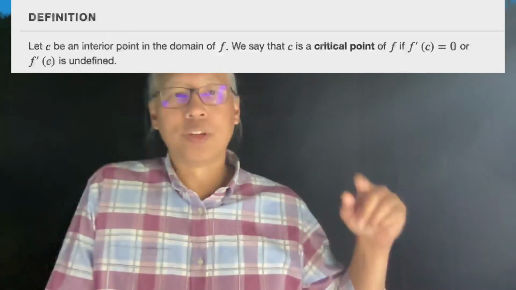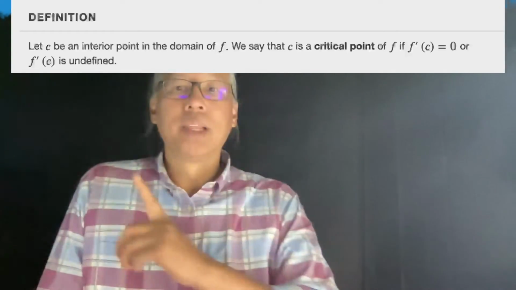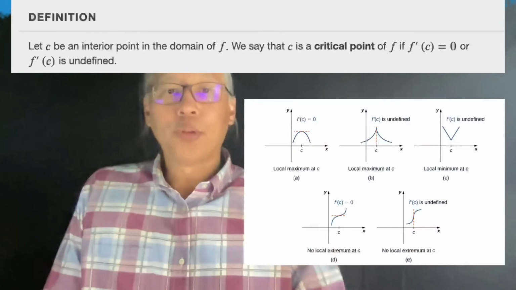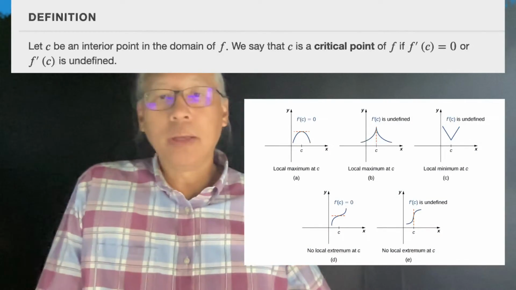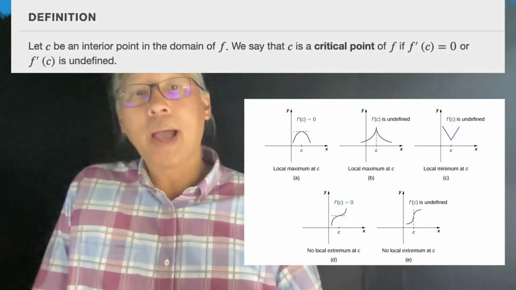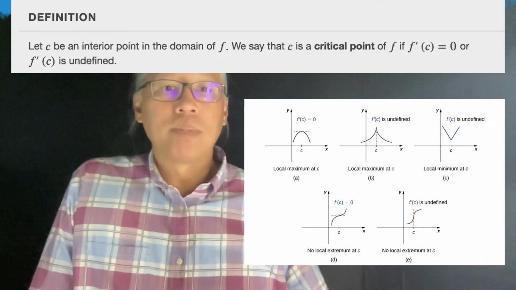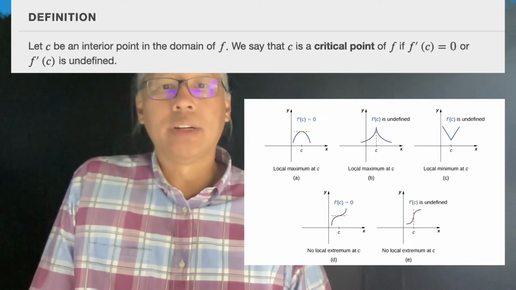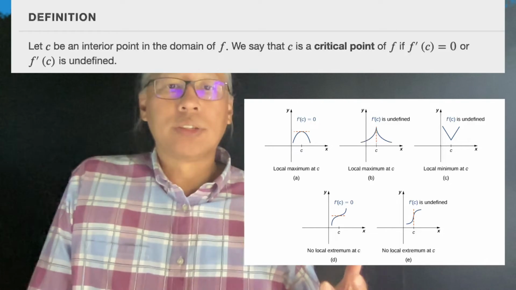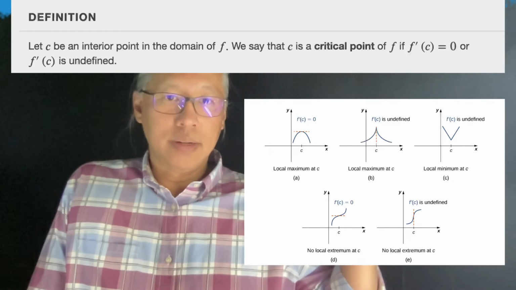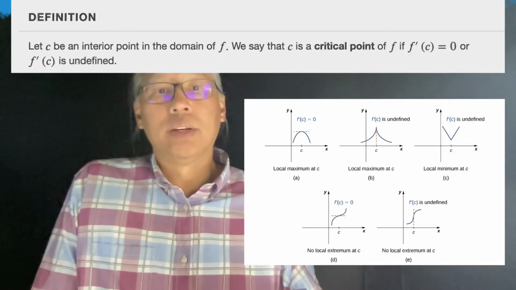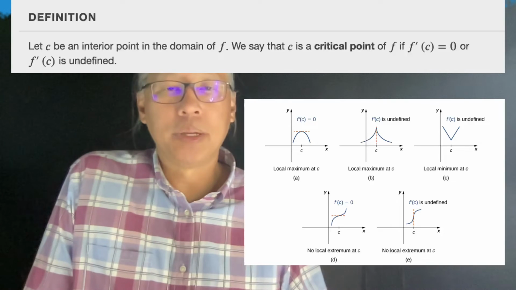They say a critical point is when the derivative is equal to 0, but it also happens when it's undefined. The critical points are important for us because they could be the places where we can find maximums and minimums. In the first three examples, the top three graphs over here, critical points happen where either the derivative is 0 or the derivative is undefined, and you have yourself a maximum or a minimum.